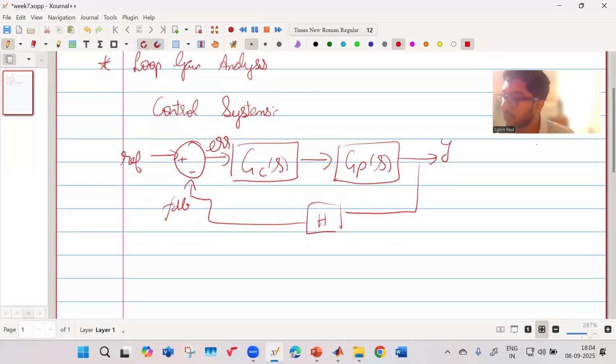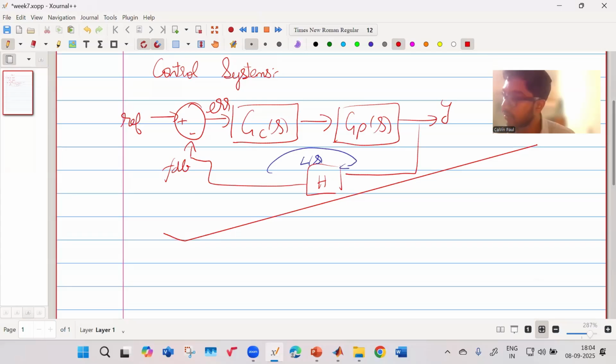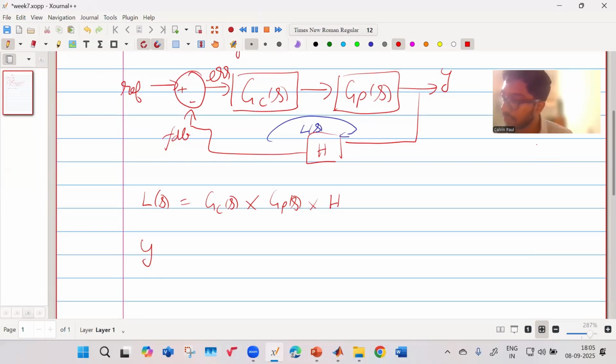Now, what is the loop in this case? Your loop is this part. This is your loop L of S, where L of S is GC of S into GP of S into H. And what is your overall closed loop transfer function, Y divided by the reference?